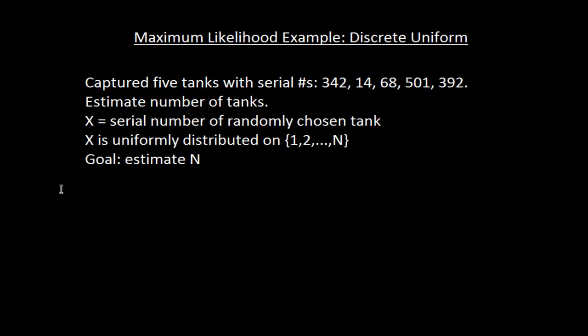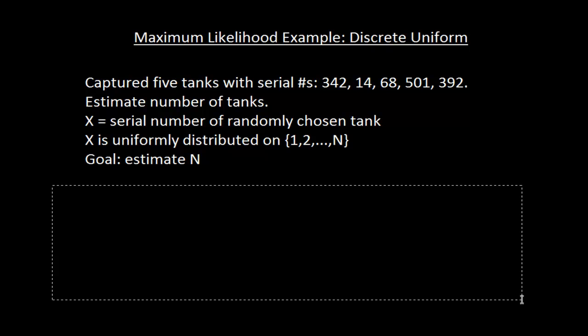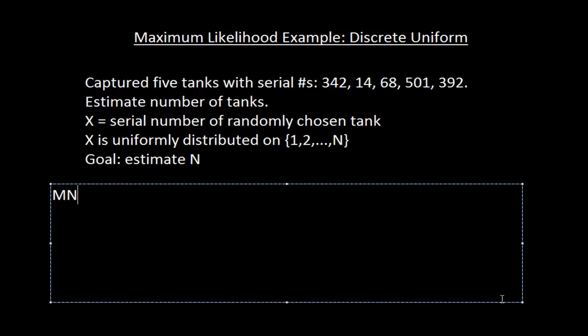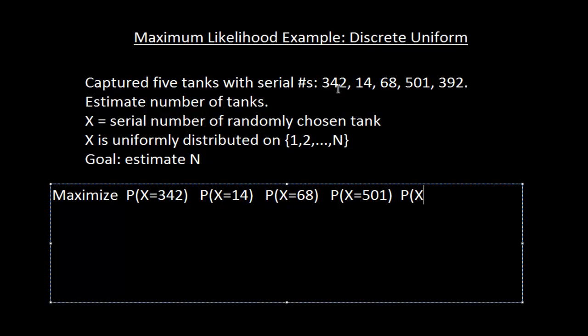So the method of maximum likelihood says that we want to maximize the following. The probability that x equals 342, our first observation, times the probability that x equals 14, the second observation, times the probability that x equals 68, that's the third observation, times the probability that x equals 501, times the probability that x equals 392.